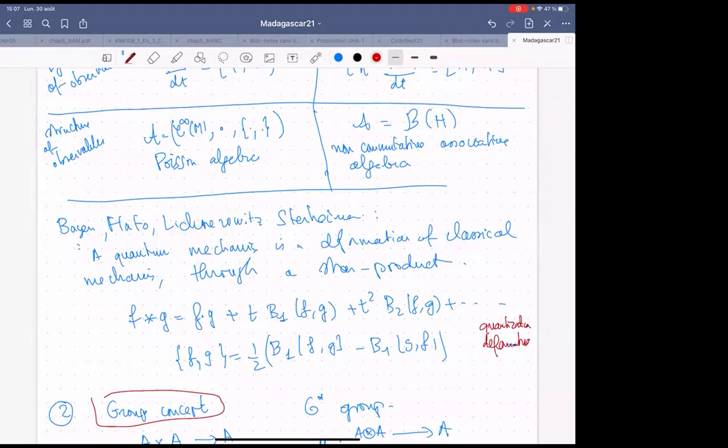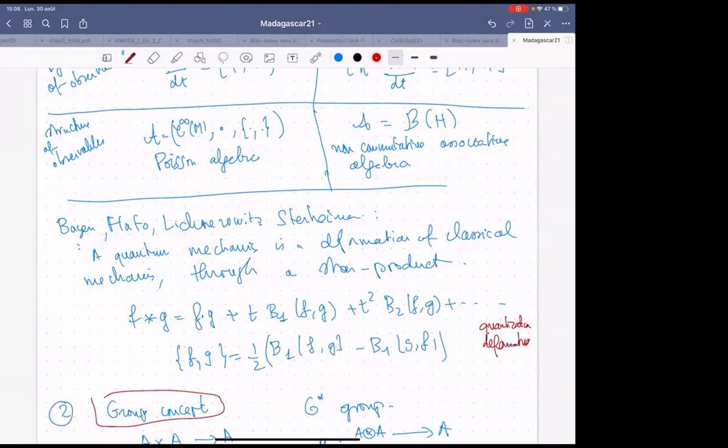To get the quantization deformation, we have to deform the product of this Poisson algebra in order to get a non-commutative algebra, still associative, of course.